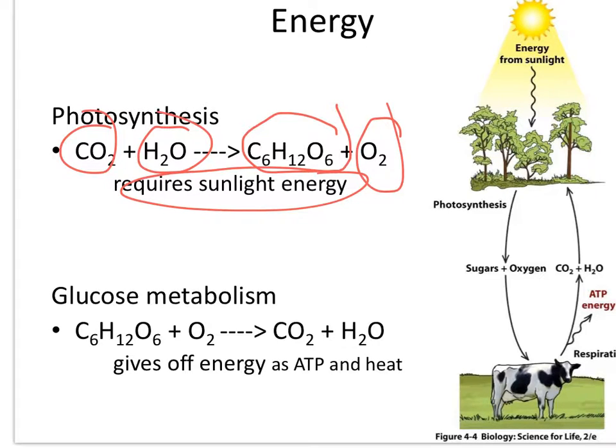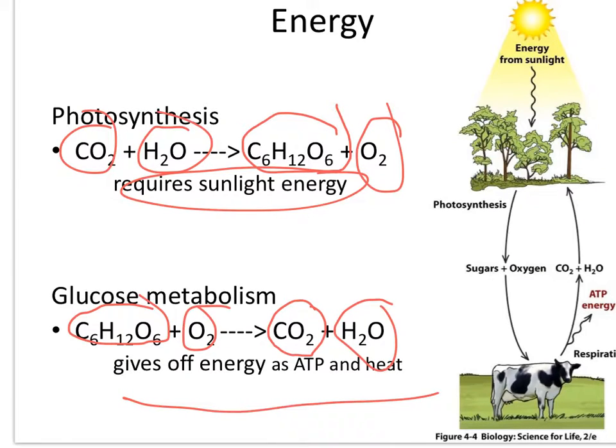Now, glucose metabolism kind of reverses this process, if you remember. We start out with this carbohydrate. We use oxygen to oxidize it. We break these chemical bonds, and in the end, we end up with CO2 and water, like what we started with.